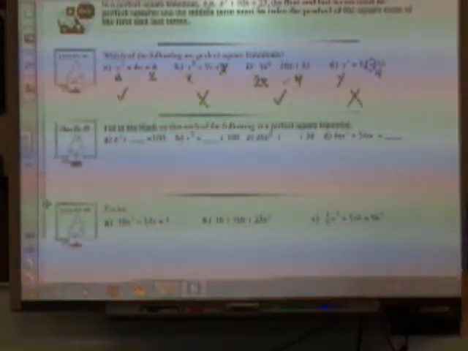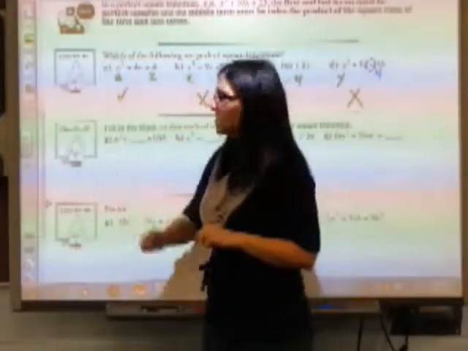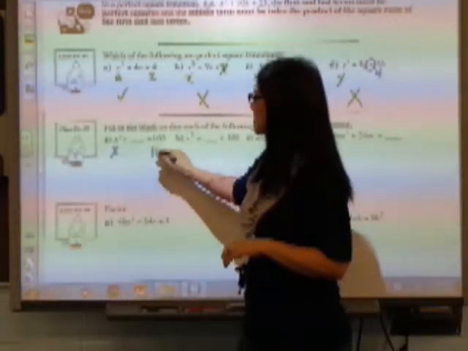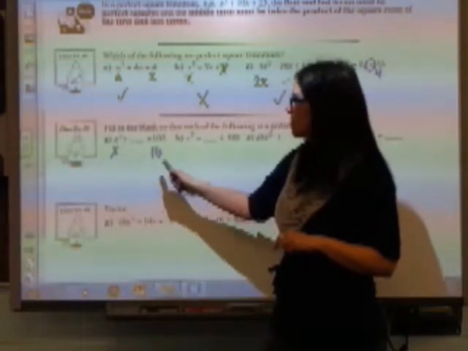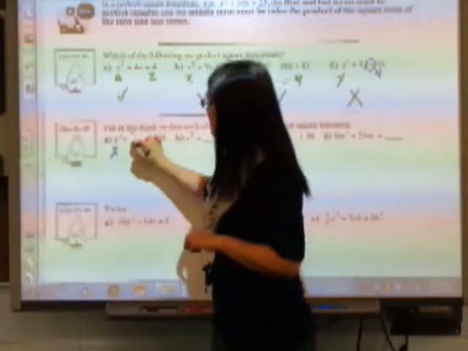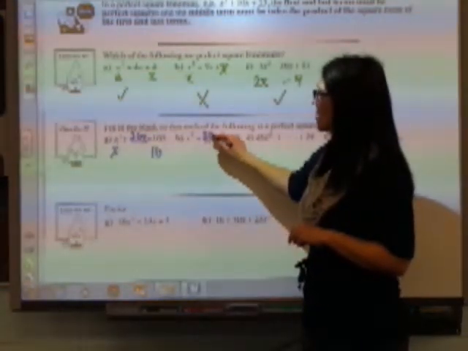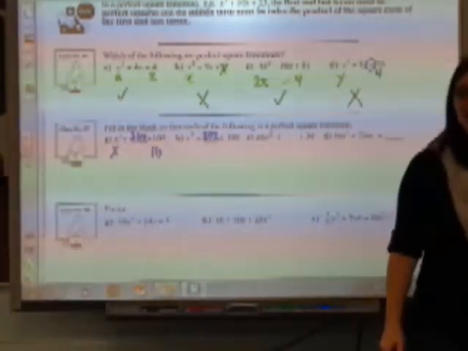So in class example number 8, we want to fill in the blank to make this a perfect square. So to fill in the blank, square root the first, square root the last, multiply them together, and double it. So double of 10x is 20x, or it could be a negative 20x, in which case when I go to factor it out, I would get a negative 10 and a negative 10.